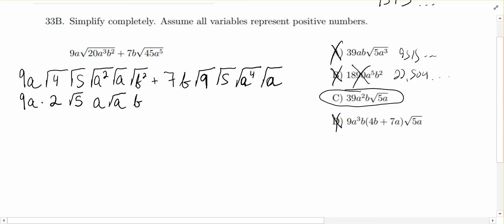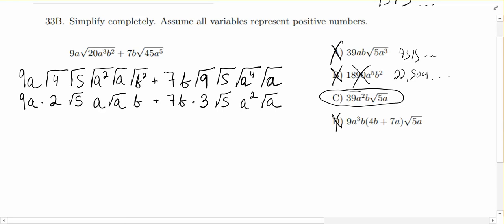And this is why we work vertically, so we can make sure we've accounted for each thing. The 7b copies down, and now let's just take the square roots that we can. Square root of 9 is 3. Square root of a to the 4th is a squared. We're careful that when we take a square root, the square root symbol is no longer there. Then we just copy down the radicals that we couldn't simplify.